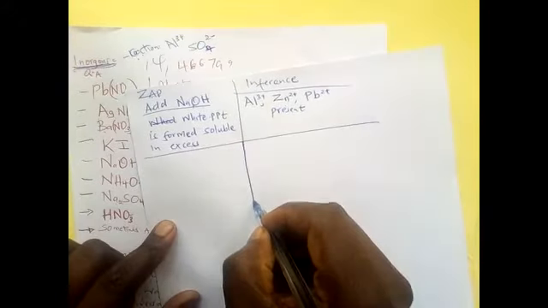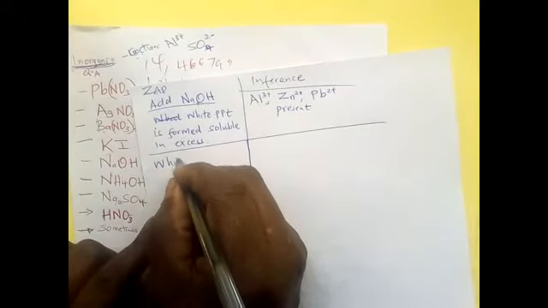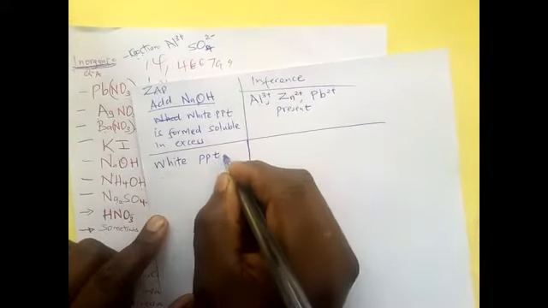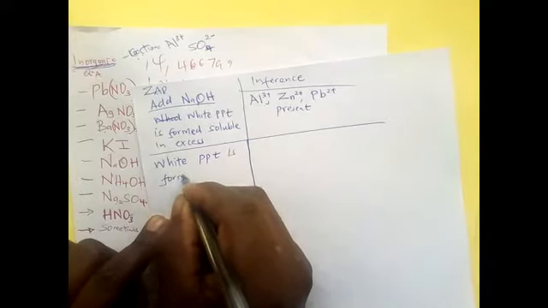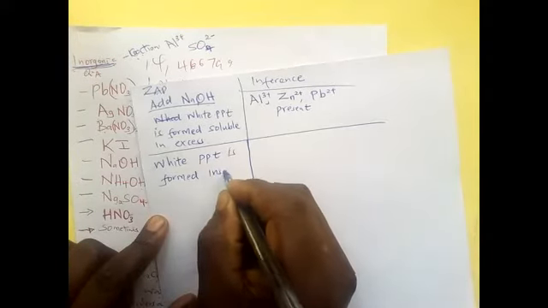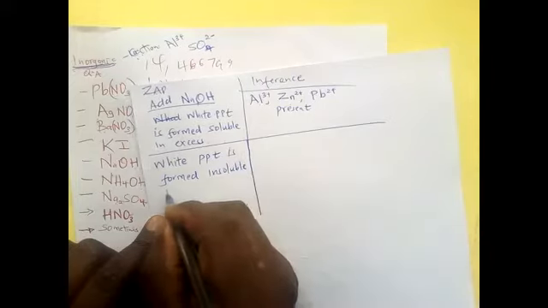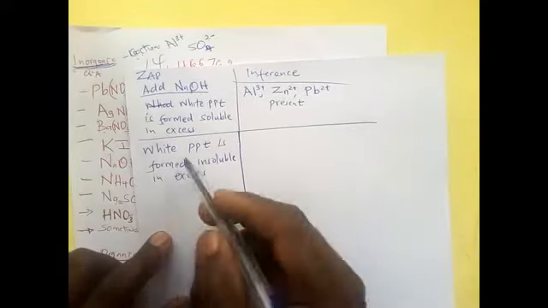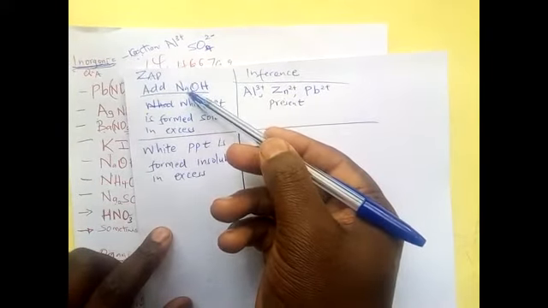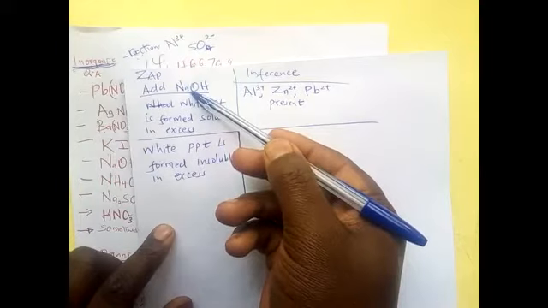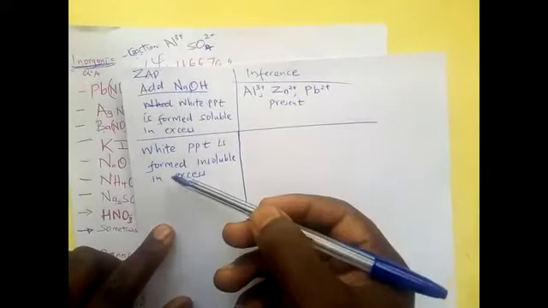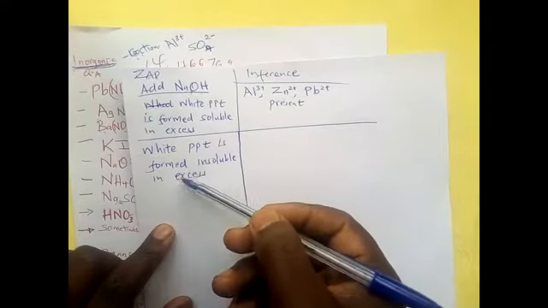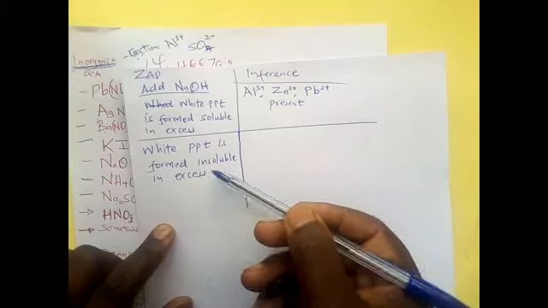Another observation we expect here is that a white PPT is formed, insoluble in excess. So if a white precipitate is formed when you have added 2 drops, and then when you add in excess the white precipitate remains, it means that the white precipitate is insoluble in excess sodium hydroxide.